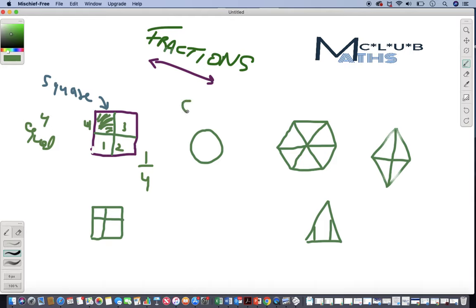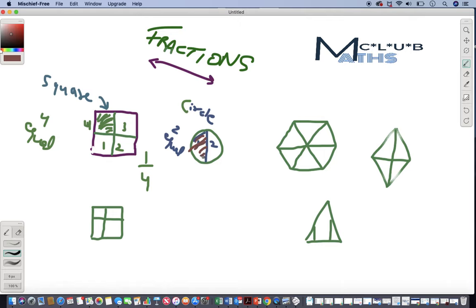I'm considering this as a circle. Let's take a different color. A circle, figure 2. Okay. And I'm going to make this as two equal parts, just two equal parts, 1 and 2. And if I'm going to shade this with, let's say, red, so this has shaded lines.